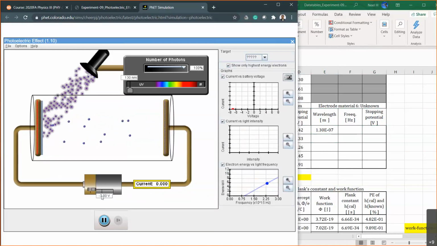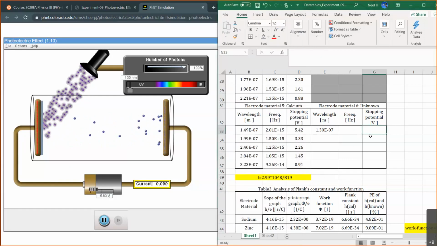negative 7, try negative 5. 5.9 is too high, maybe 5.85 is also too high. 5.8, there's a number. 5.84, 5.83, 5.82. 5.83 is the best value we can get. 5.83 reverse potential.